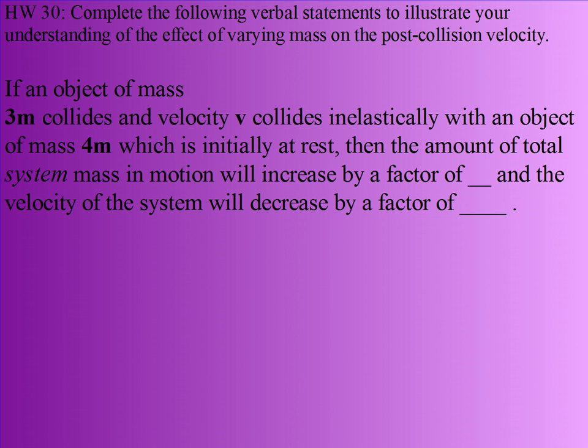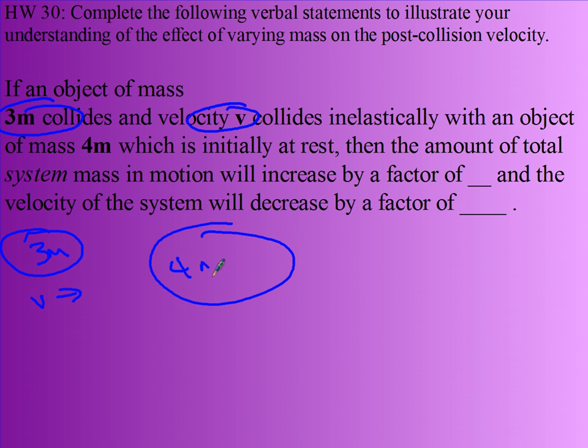Now, let's look at this one. I have 3m moving at velocity v, and it collides inelastically with an object of 4m, which is at rest. So the total amount of system mass in motion will increase by a factor of, okay, let's draw this out, 3m and 4m, so this is 7m.